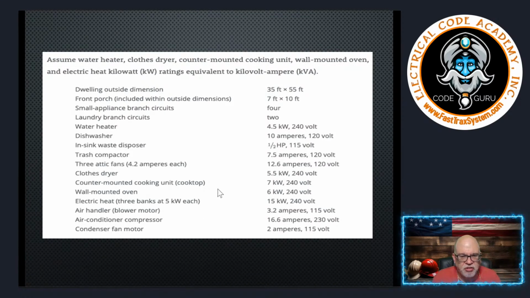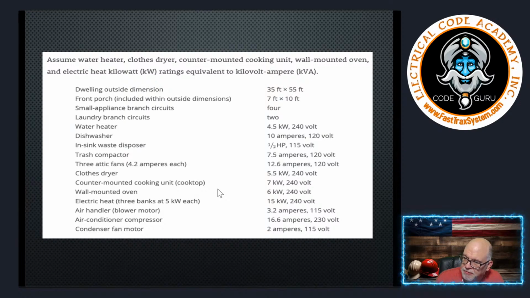Okay. So we got a trash compactor. That is an appliance, not categorized as a motor, even though it may have a motorized component in it. It is not. So it's just an appliance, standardized utilization equipment, and that is 7.5 amperes at 120. And of course, again, y'all know how to convert that, and we will later convert that to VA, amps times the volts.